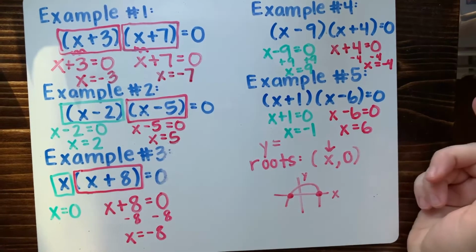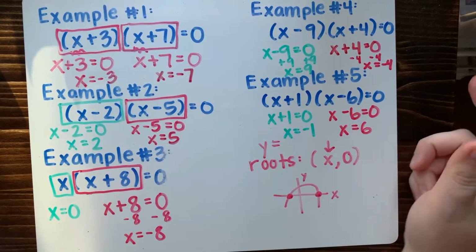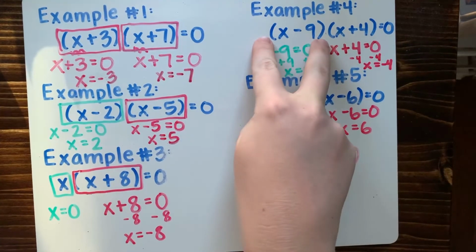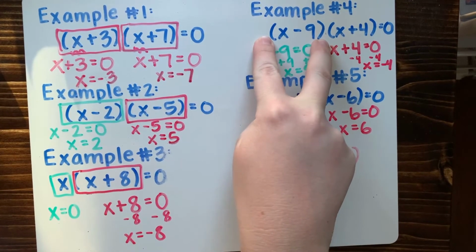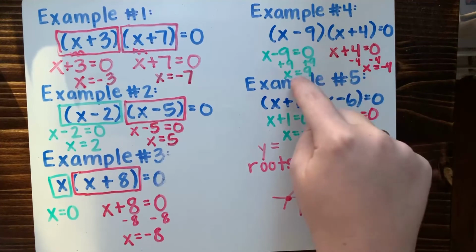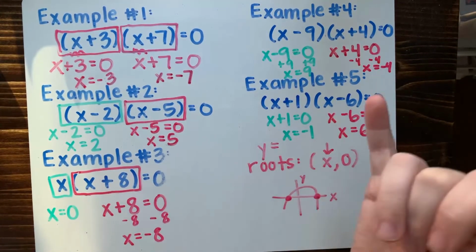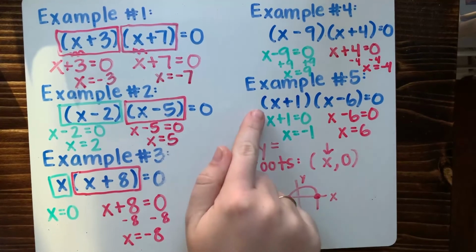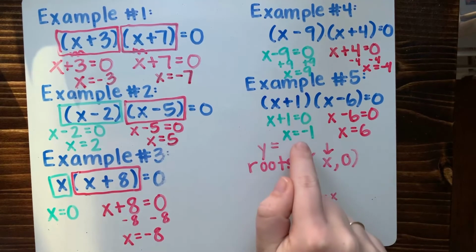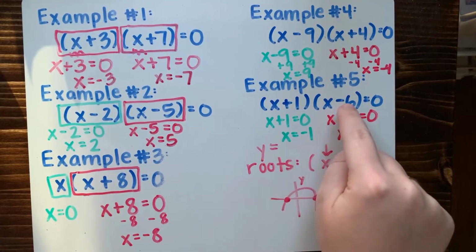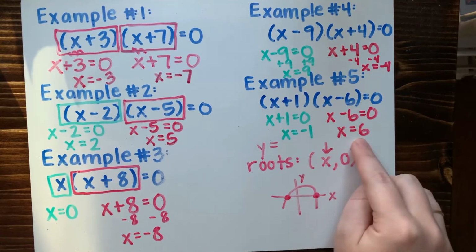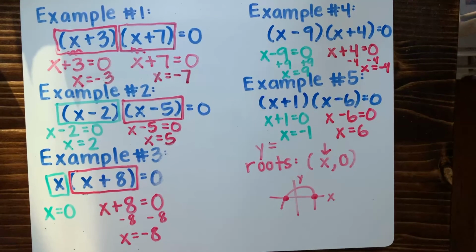Again, I want to point out, notice how when you have the factor that's being multiplied, your root ends up being the opposite sign, because a number plus its negative is always going to be 0. So when we have positive 1, we end up with a root of negative 1. We have negative 6 or subtracting 6, we end up with a positive 6, which makes sense for how we solve it.